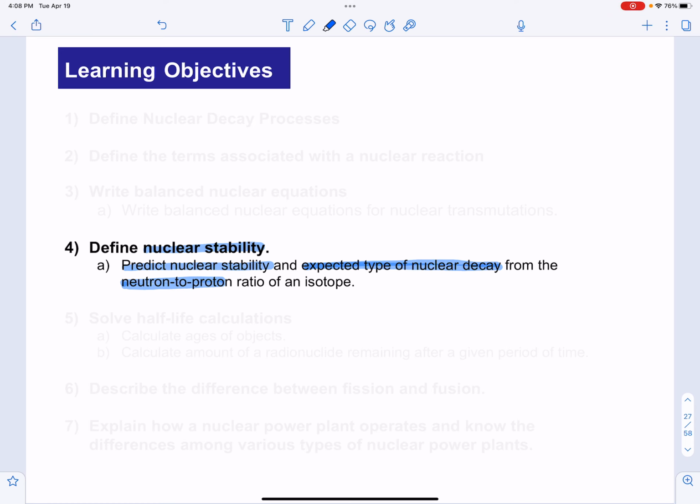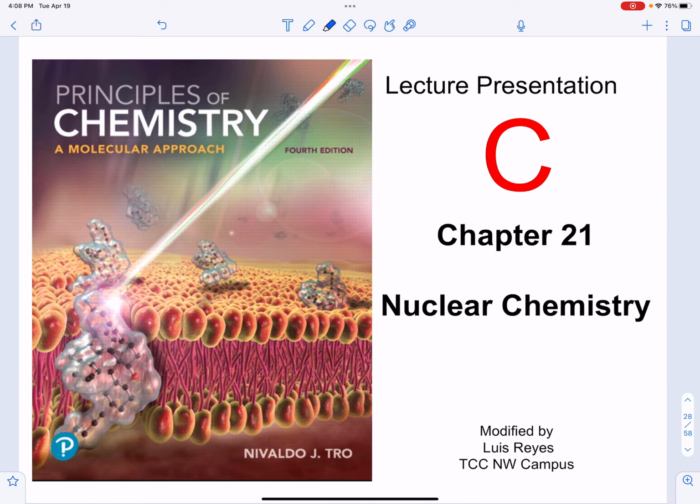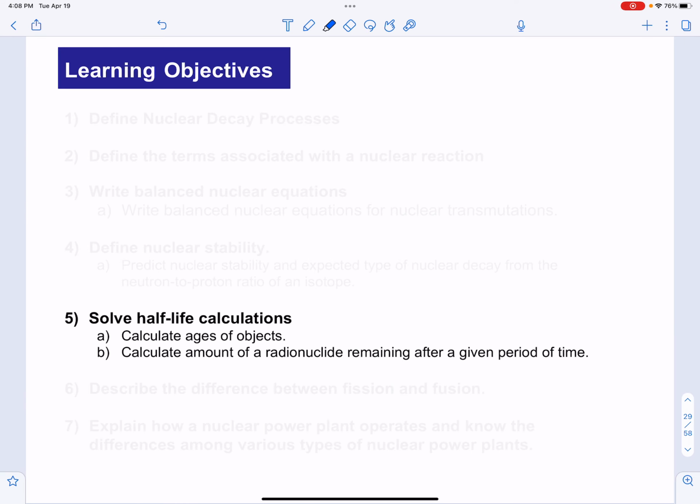So that's it for this part. When you come back, we will begin talking about kinetics of nuclear reactions, where we're going to talk about the half-life. And we're going to solve problems with half-life for nuclear reactions or nuclear decay.